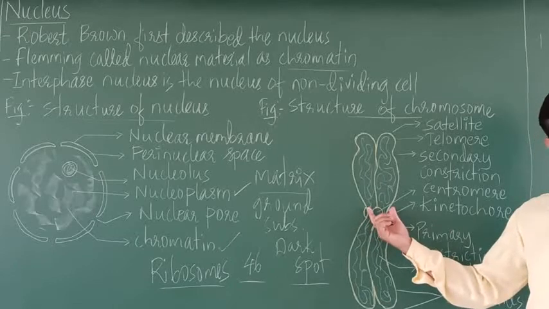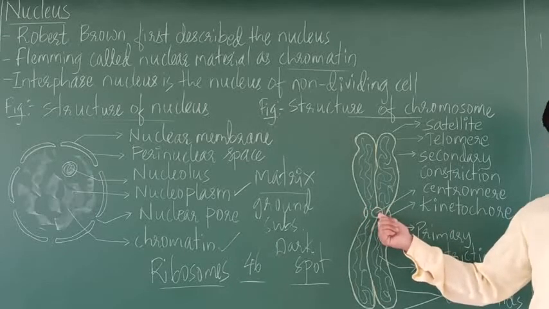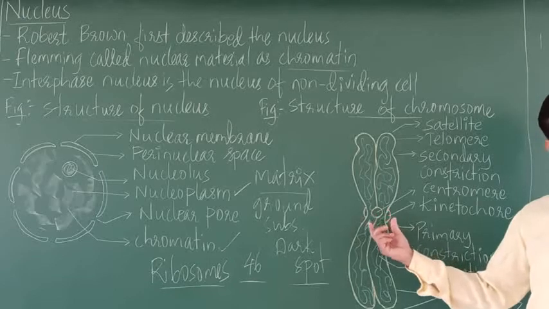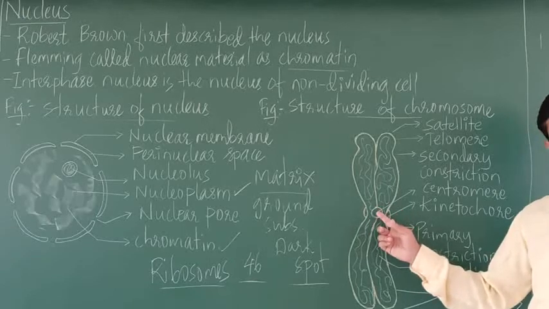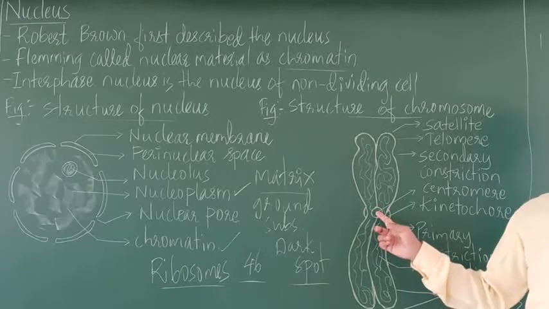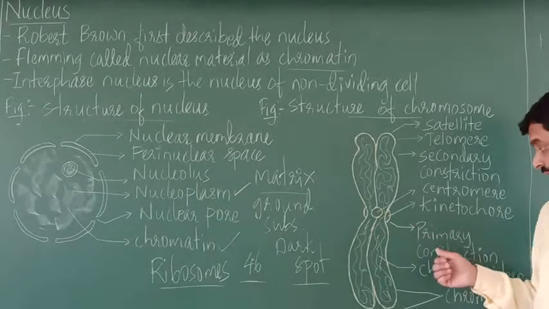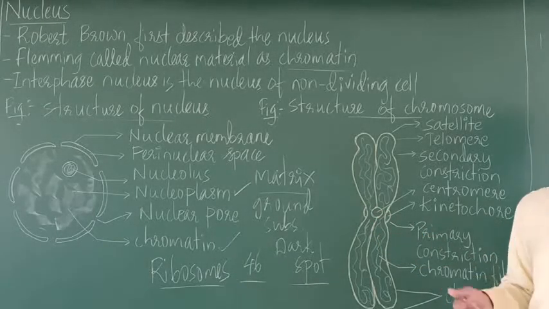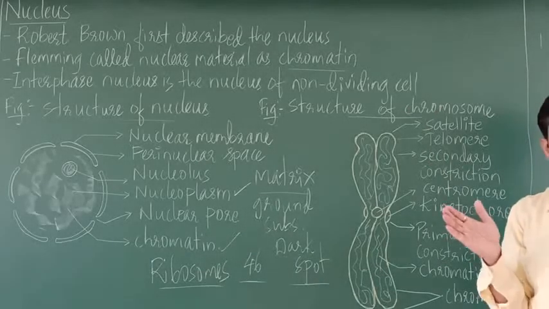The region where the centromere is present is narrow. This narrow region where the centromere is located is called the primary constriction. Constriction means a narrow region.